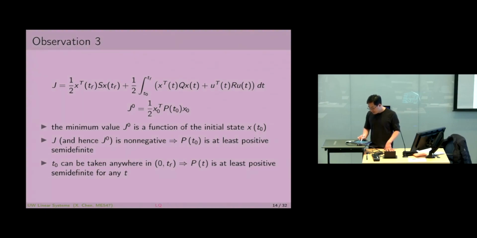So if you consider this integration from 0 to tf, anywhere inside here, the solution out of it must also be positive semi-definite. That is actually good news too. It says that anywhere, as long as it's less than tf, this P coming out of this optimal LQ problem should also be positive semi-definite. So that's good news.